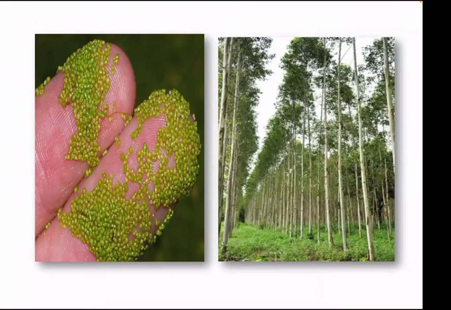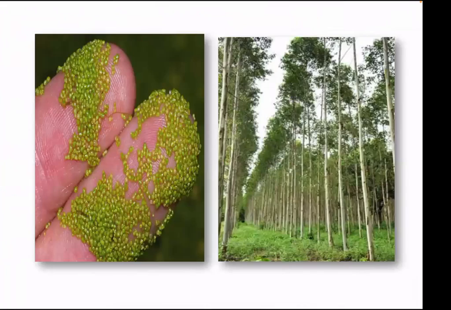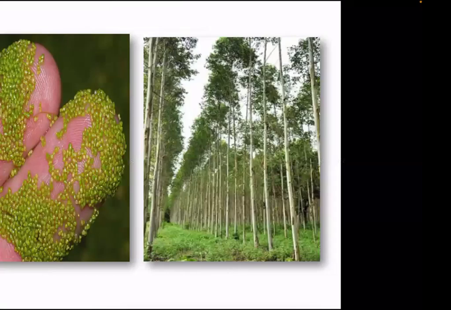And the second diagram you can see is eucalyptus, the 100-meter tall plant. Right? So you have two classic examples, Wolffia and eucalyptus, with reference to the degree of diversity. This is the third example, the banyan tree near Kolkata.